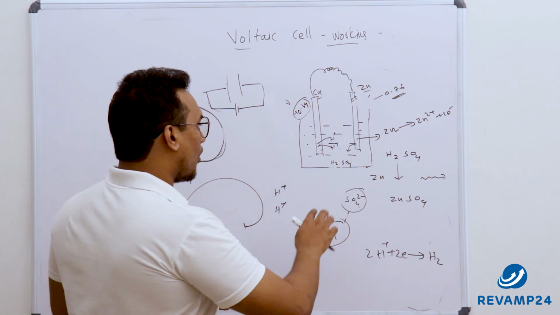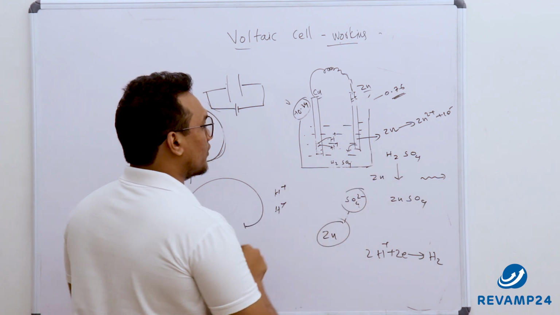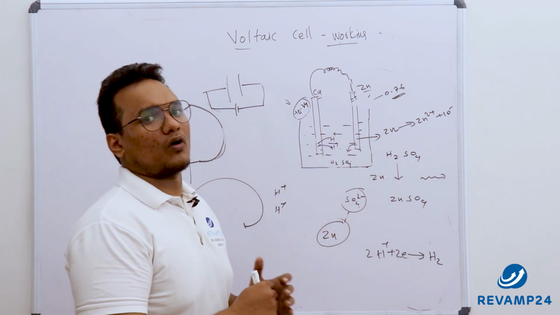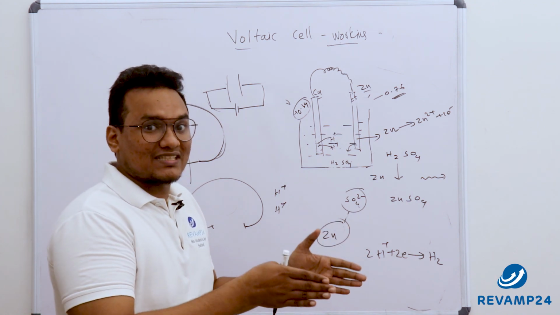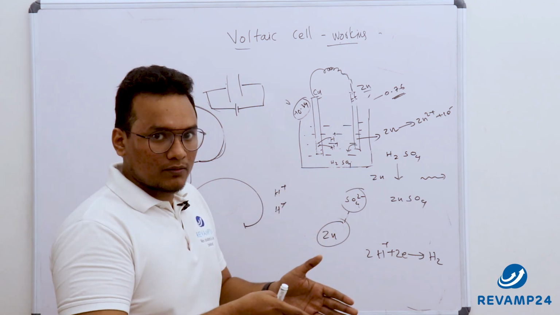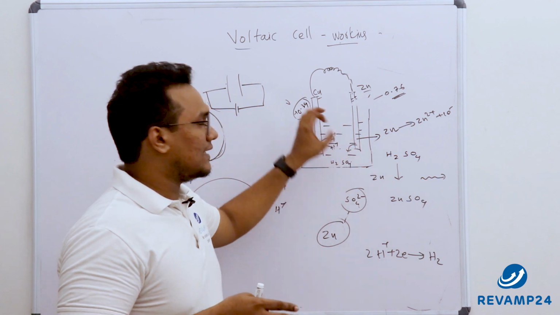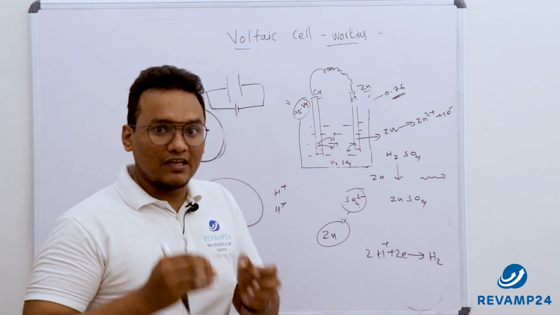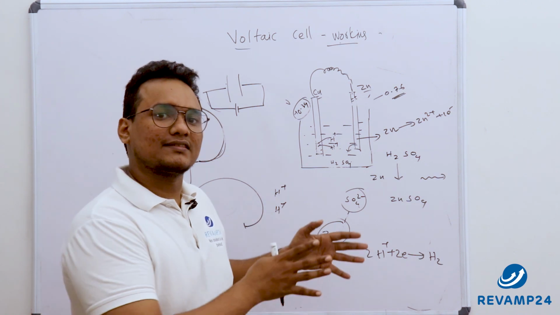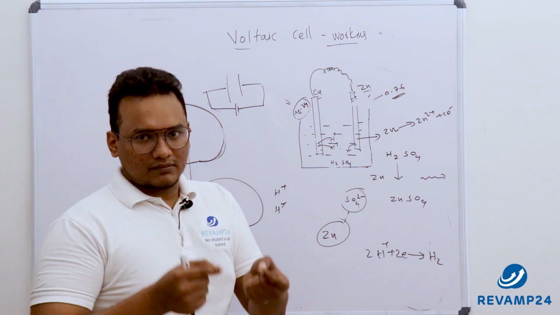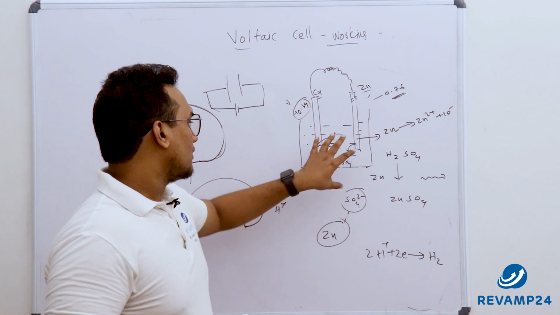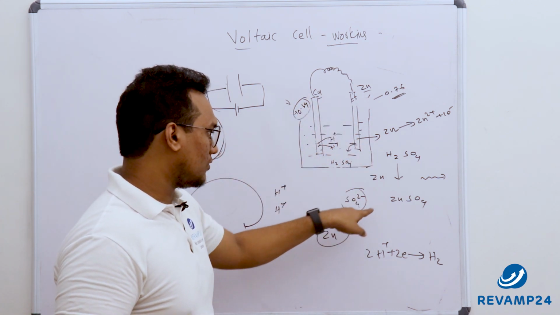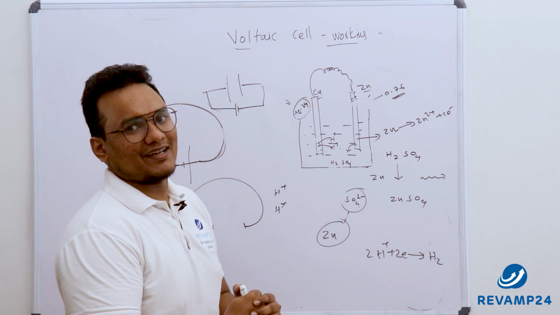No. Till all the H2SO4 has been converted into zinc sulfate. Till then the process will happen. That is the maximum chemical energy stored in a cell, and the maximum electrical energy deliverable from the cell. After that the cell dies. We cannot take current from the cell after all the H2SO4 has been completely converted to zinc sulfate. Okay, thank you.